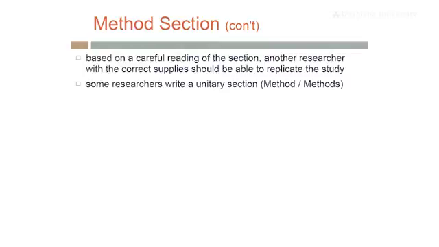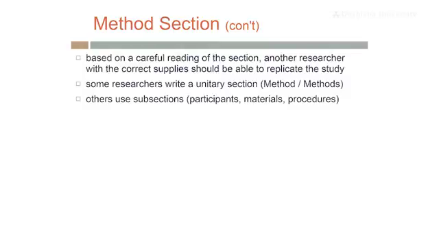Now, in terms of the design of writing it, because ultimately you're going to open up a word processor and start writing this section, what should you do? Well, there's two broad approaches. They're actually almost the same, but there's two ways that people think of it. One is to write a unitary section, one whole section that is the materials and methods section. The other approach is to break down the information and present subsections.